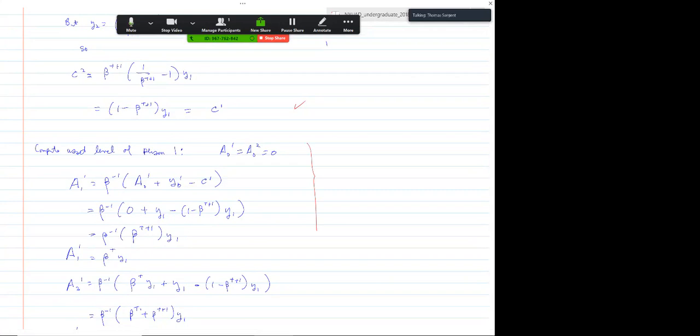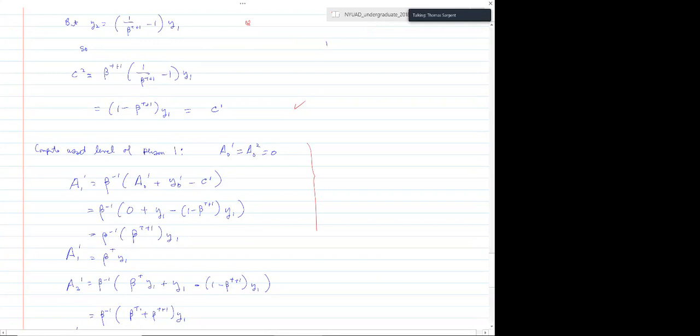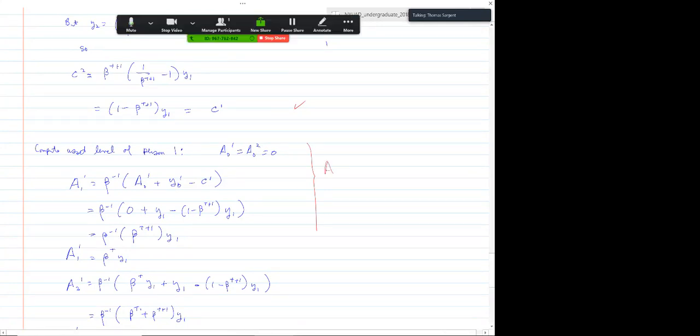I'll post this out. We're going to use exactly the same approach that we used above. I'm going to take my formula for assets, which is this, minus C, that's my permanent consumption, which I've already solved for.